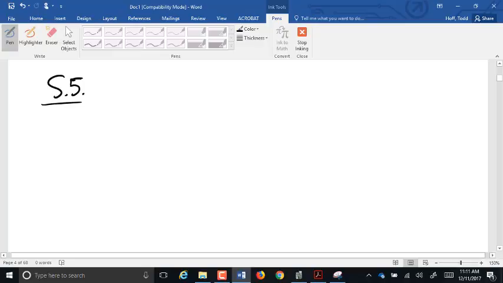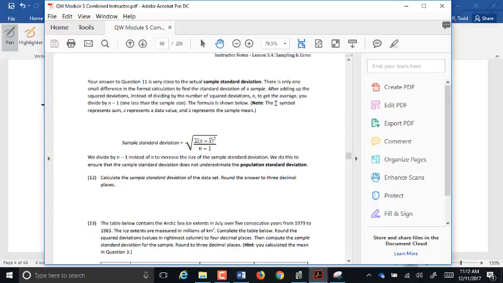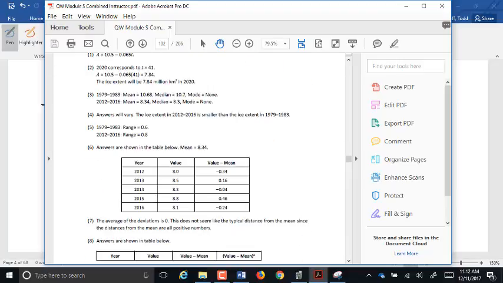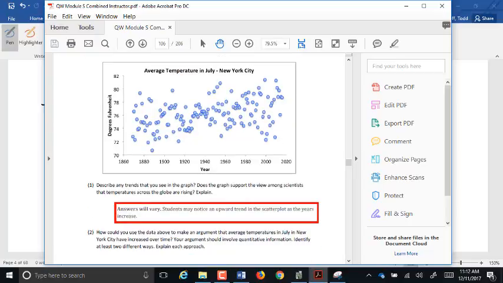So for S5, what we're looking at here in problem situation 1 is looking at average temperatures in New York City, and we're looking at average temperatures in July again. So let's get down to that graph so I can pull it into the document here. So this is the graph we're looking at.